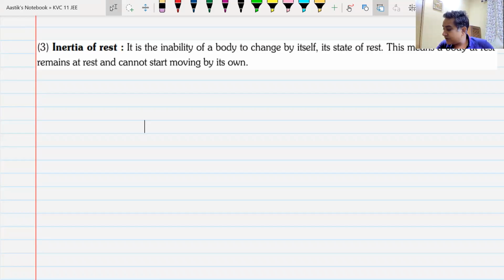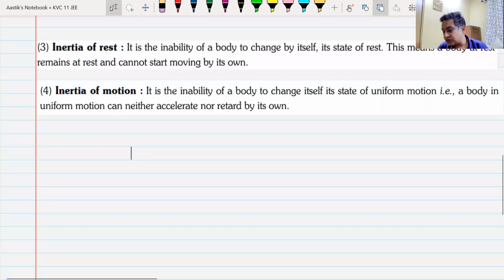If there is inertia of rest, then you can call the second inertia as inertia of motion. If a body is in motion, it will continue to remain in motion. It will not stop its motion unless something acts on it. This property is known as inertia of motion. If I'm in a bus and the bus suddenly stops, you will fall ahead.